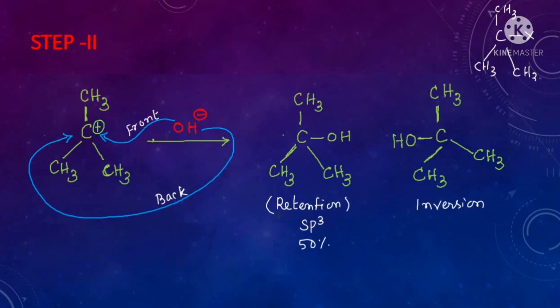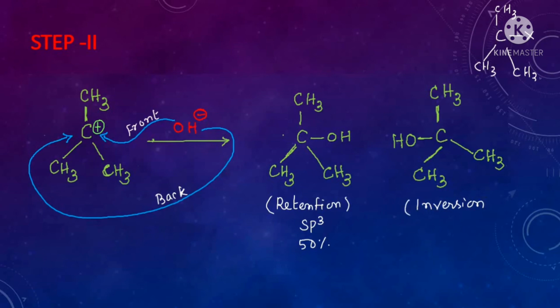Okay, see, let us look into the retention product. So the same structure we have obtained here also. We have obtained the same structure, that is the OH group is in the same position as that of the halogen. But you look into the inversion product, the OH group is placed in the position opposite to the halogen. So this is called an inversion product.